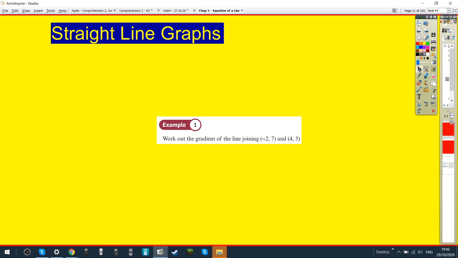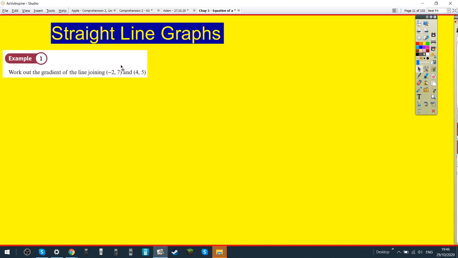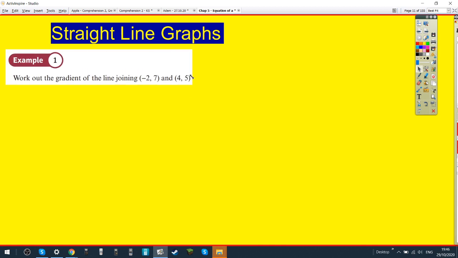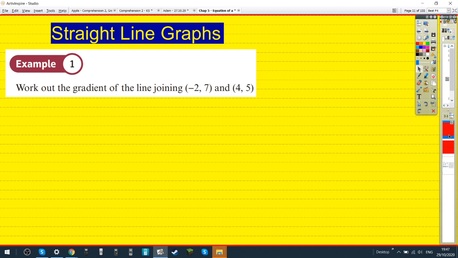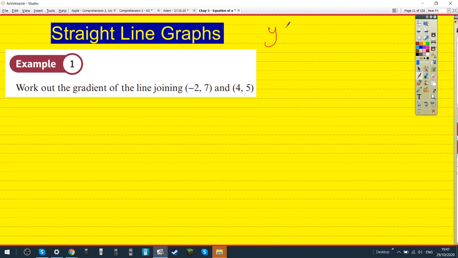Okay, do you already know how to find gradient? Isn't there an equation called y equals mx plus c? Yeah. Do you know which letter represents gradient? It's c. It is m. It's c the y-intercept.